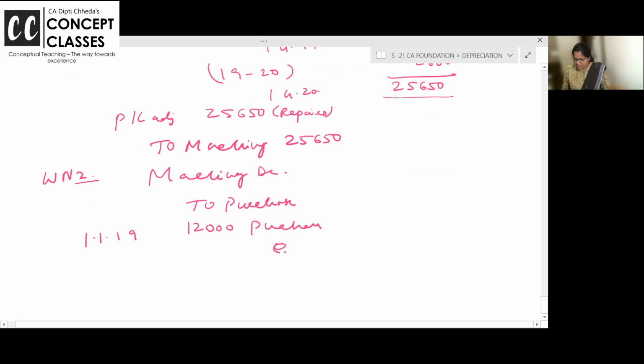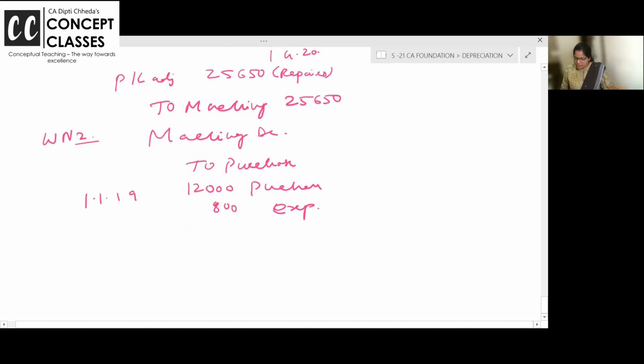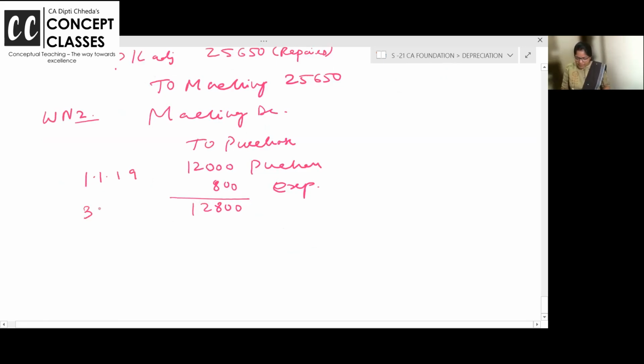It was purchased for 12,000. Purchase value. Expenses also you can add 800. All this was posted in the purchase or expenses, 12,800. Now on 31st March 19, if this would be capitalized correctly, you should have capitalized, you took it as revenue.